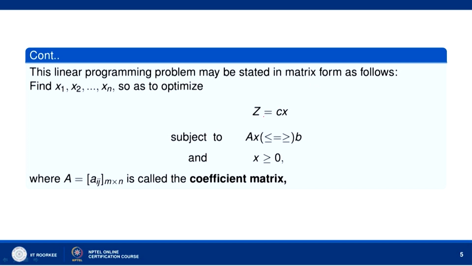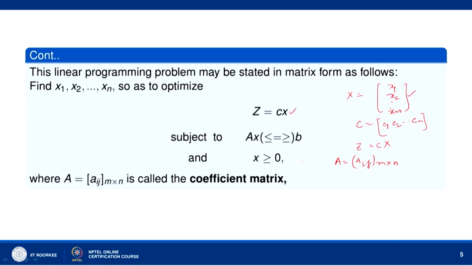Now, this linear programming problem may be stated in matrix form. We can write it in matrix form z equal to cx, where x is your x1, x2, xn, and c is c1, c2, cn. So, z equal to cx, and Ax, A is equal to aij, m by n, x as we have seen is equal to x1, x2, xn.